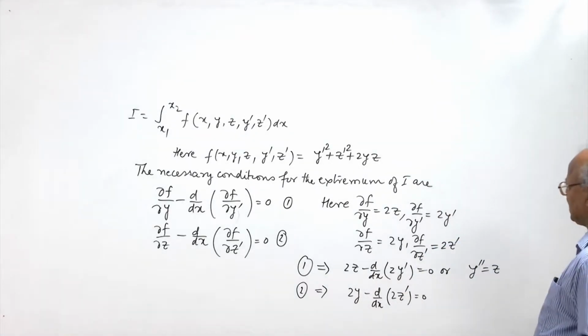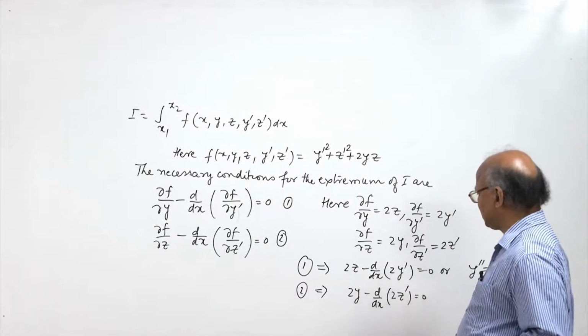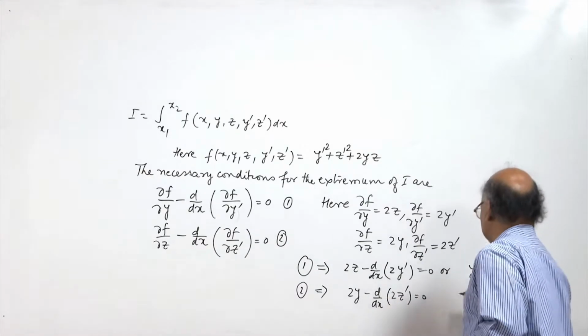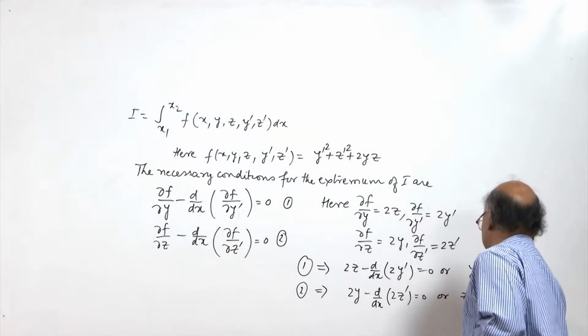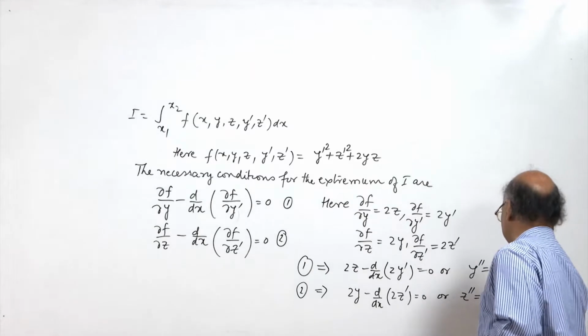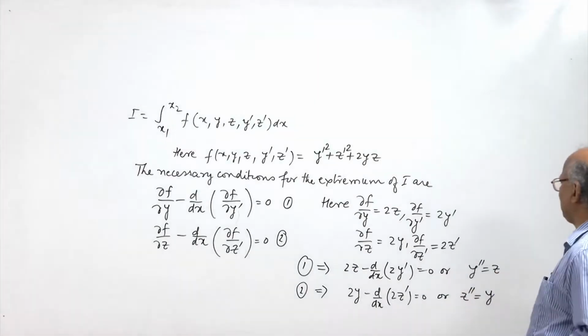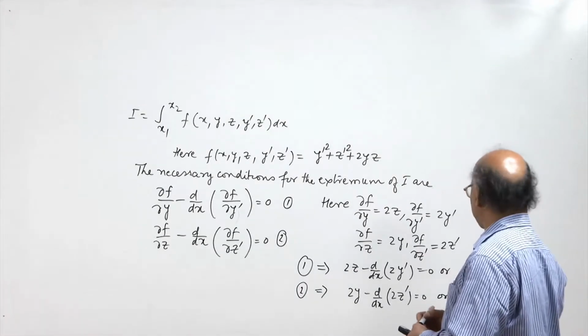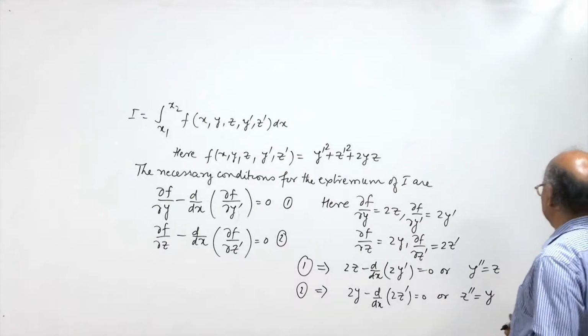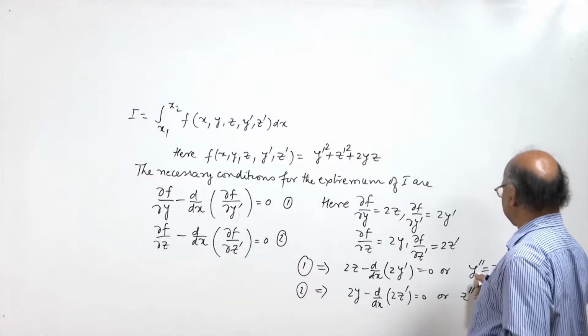Derivative of z dash with respect to x is z double dash, and 2 we can cancel, so we get z double dash is equal to y. So we have two equations, y double dash is equal to z and z double dash is equal to y.